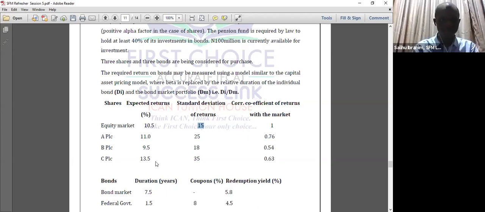Look at the market return, the equity market. This is the expected return. Equity market return minus risk-free rate. That's all. You get the required return. Then compare it with all this expected return to see which of the stocks is expected to offer a positive abnormal return. I've already told you what positive alpha is. A positive alpha is indicative that you should buy. So that is offering positive abnormal return. That's what it means.